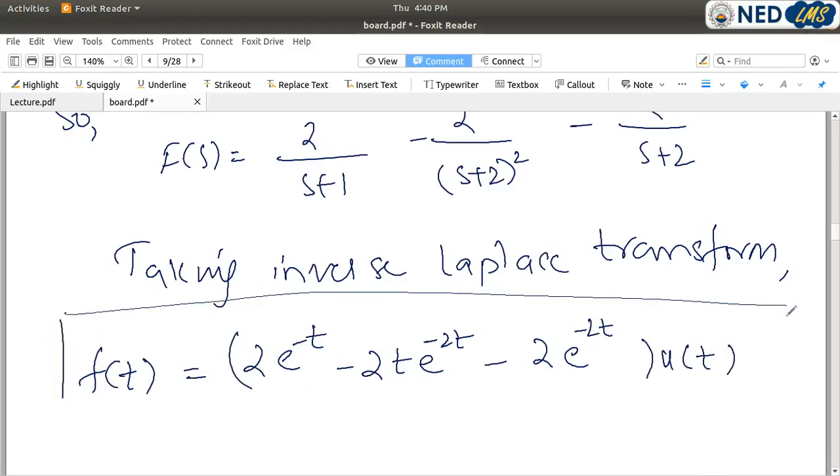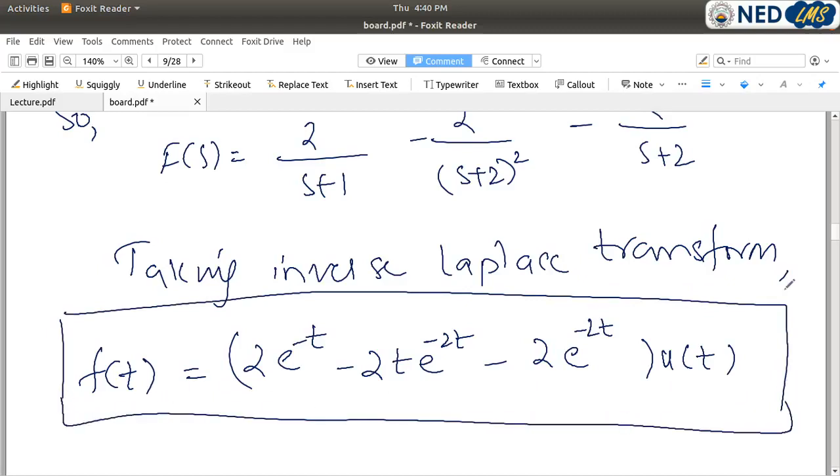This is the inverse Laplace of the f of s under case 2.